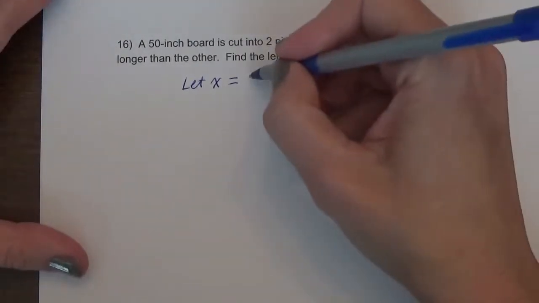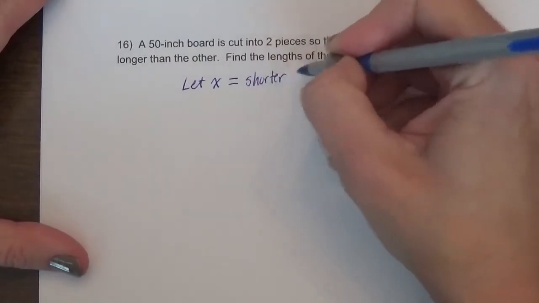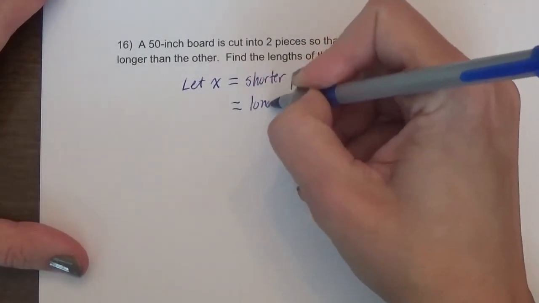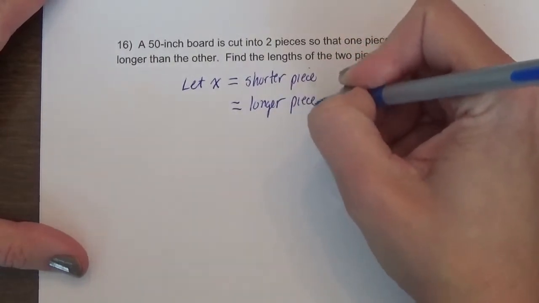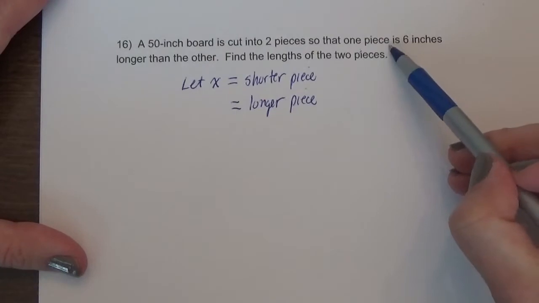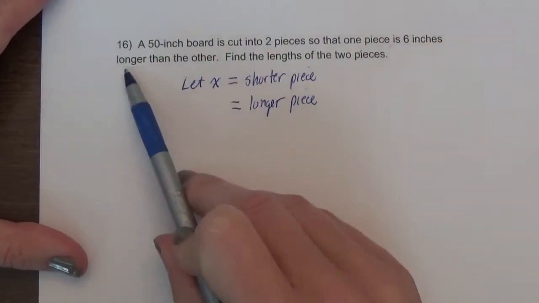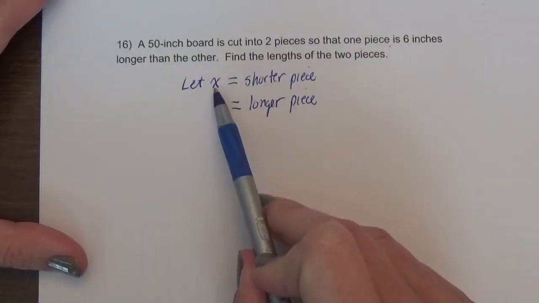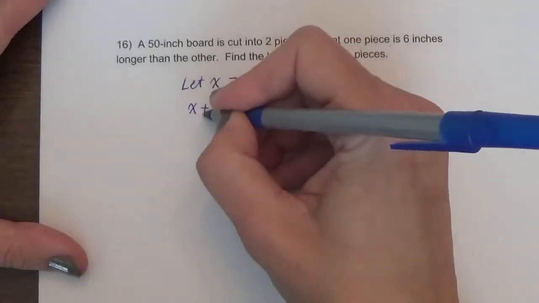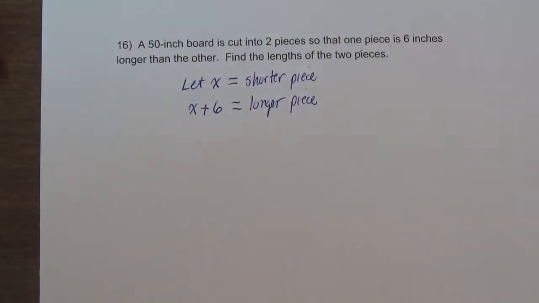I think I'm going to find the shorter piece first. And then my second line is going to be the longer piece, because it says one piece is 6 inches longer. So if x is my first piece, 6 inches longer than that, I would just add 6 to it.